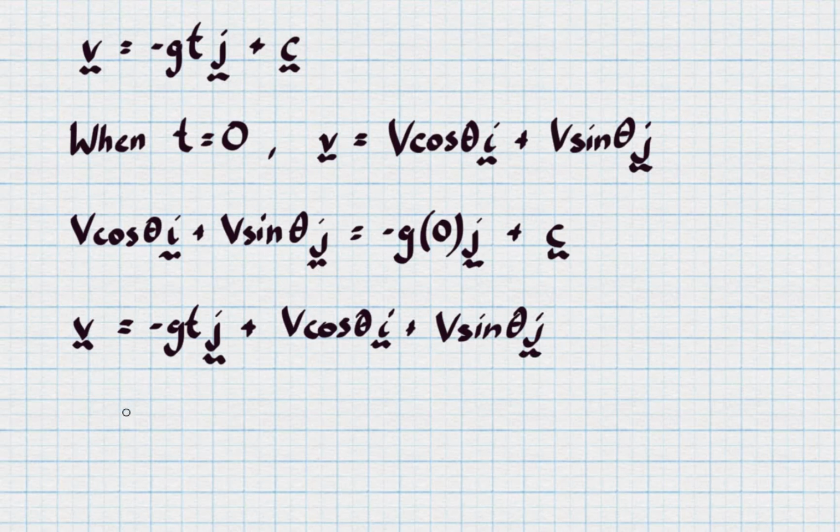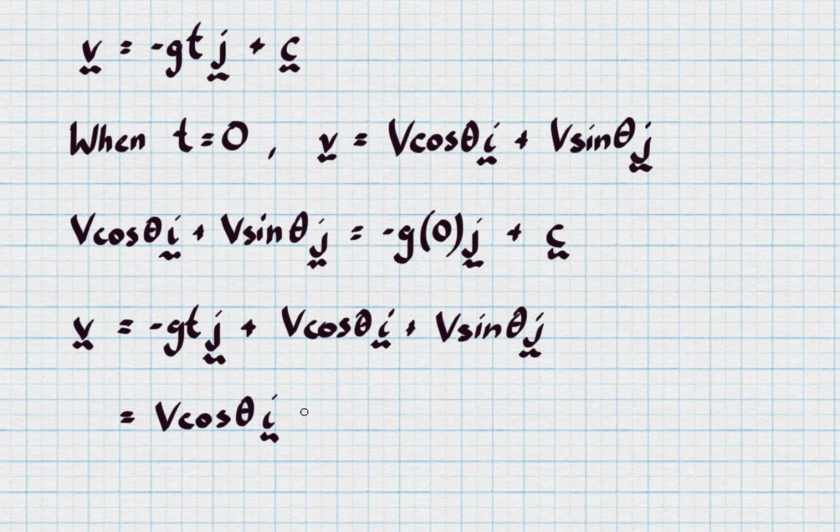And we know that with vectors we can collect the like terms. So horizontally we just have v cos theta i, and remember this should match up with what we talked about. The horizontal velocity of a projectile remains constant throughout the entire flight. So this v cos theta won't change.